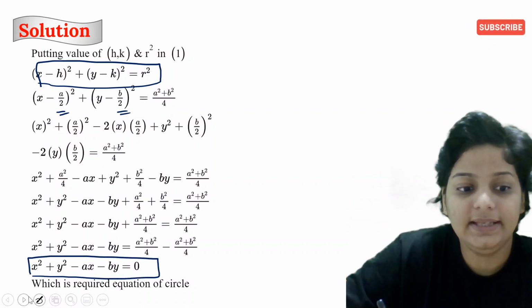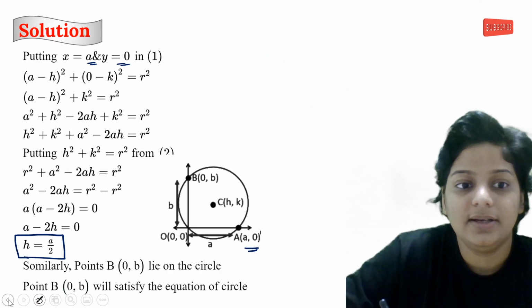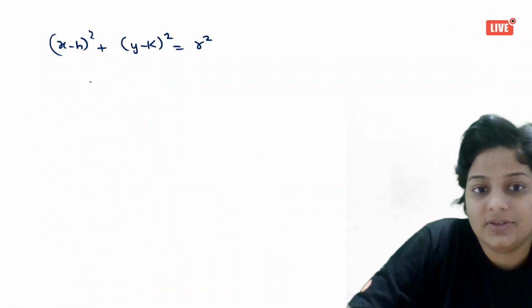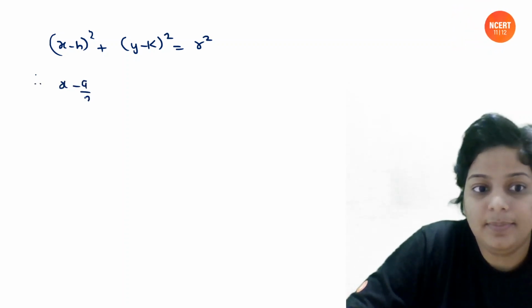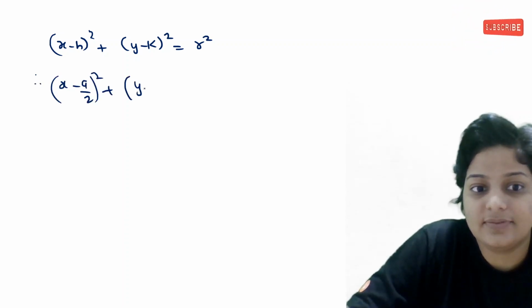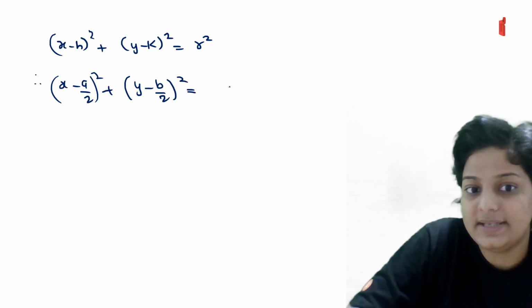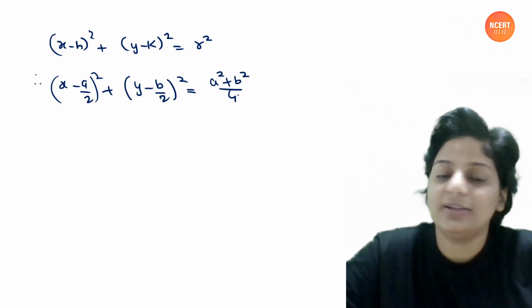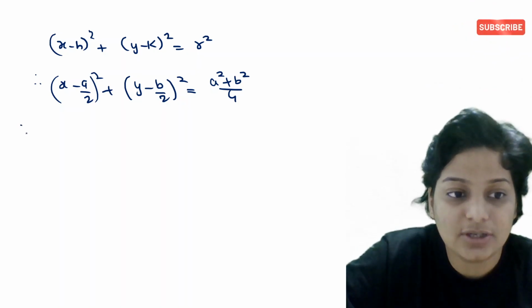It's not so lengthy, looking a little lengthy. If you want, I'll solve it just in a minute. Not even a minute. Okay. x minus a by 2 the whole square plus y minus b by 2 the whole square is equal to a square plus b square by 4. Whoever finds this a little lengthy, it is nothing, see how quickly it gets solved.